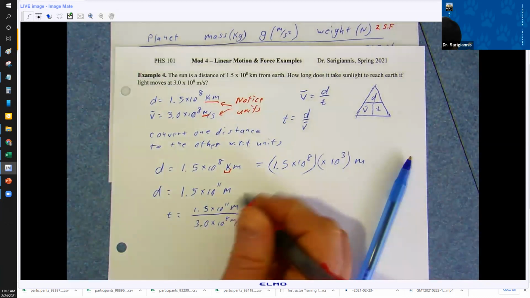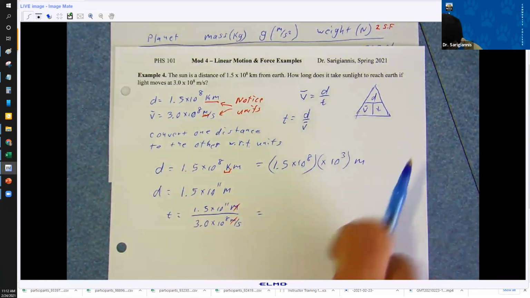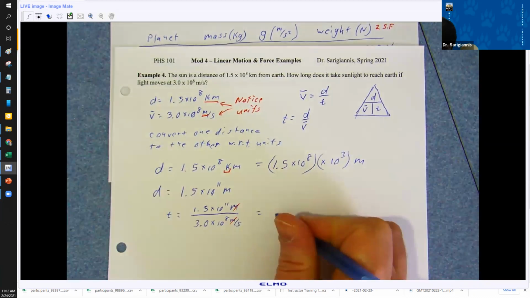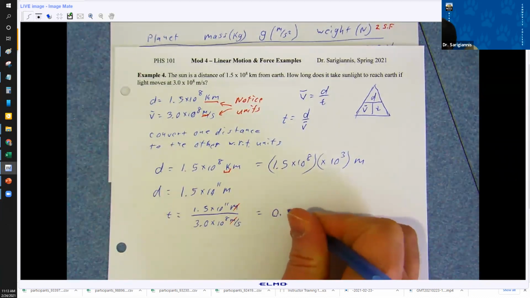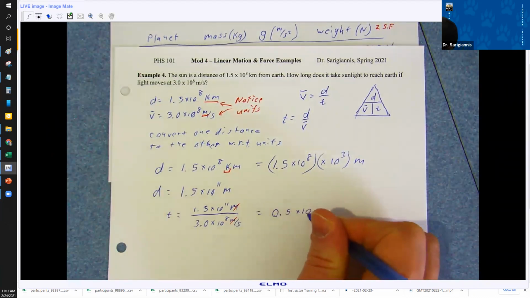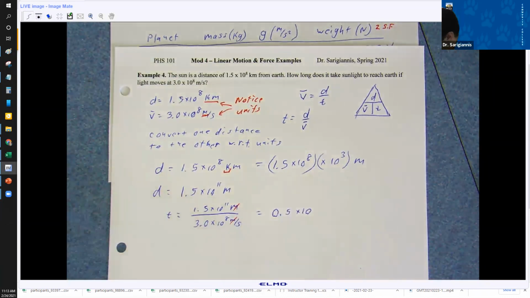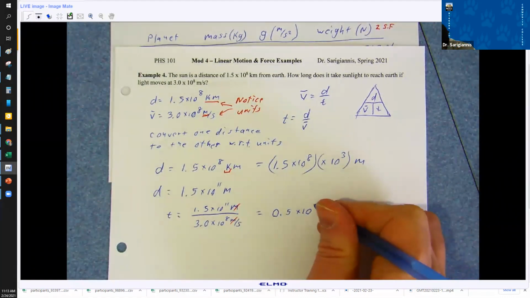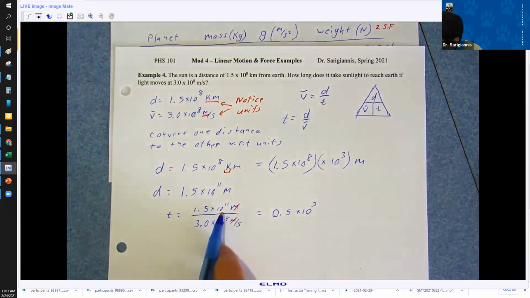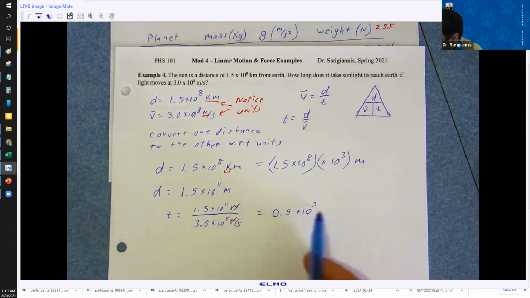Let me cancel my units. 1.5 divided by 3.0 is going to give us 1/2. And then 10 to the 11th divided by 10 to the 8th is just 10 to the 3rd. So this is division of exponents. You just subtract, right? This is like saying I'm multiplying this number by 10, 11 times, but then I'm dividing it by 10, 8 times. So my net multiplication is 3.